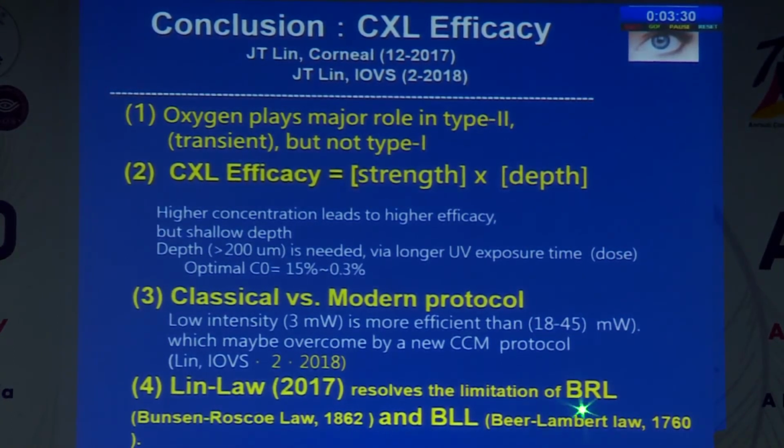Now, this is not true, okay? And secondly, the Beer-Lambert law in the cross-linking process is also invalid. So I think I challenge both BRL and Beer-Lambert. They took about 200 years to figure out these two laws have certain limitations.